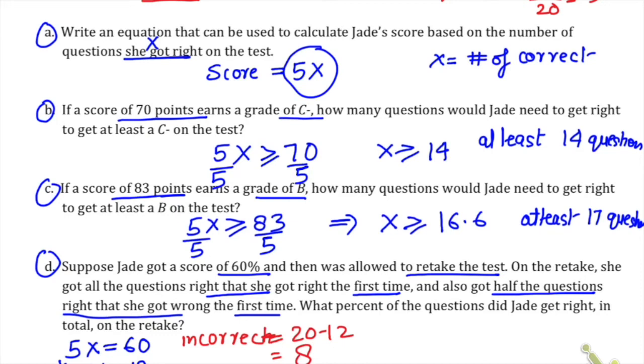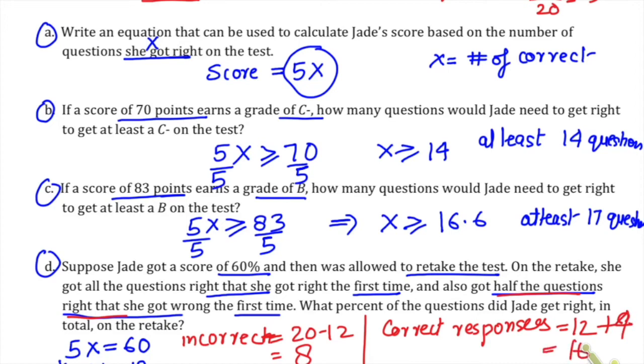But on the retake, half of those are right, so half of 8 is 4. So she has 4 more questions right. Total correct responses is 12 plus 4, which is 16.